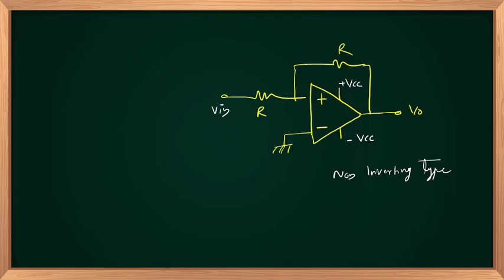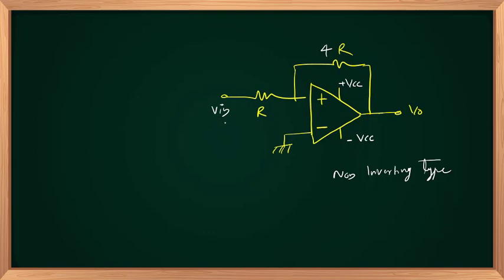Right? Here we'll take different values of resistors. Let us assume it as 4R and 4R and here we have moved the input from negative input side to positive input side.